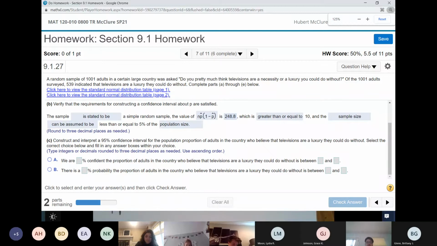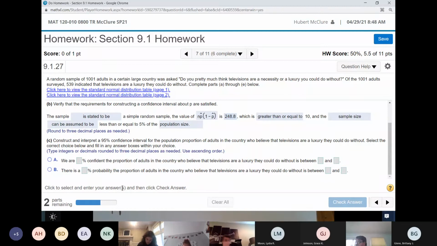Okay. And it says construct and interpret a 95% confidence interval. So you're going to need the margin of error. Confidence interval means find the margin of error.